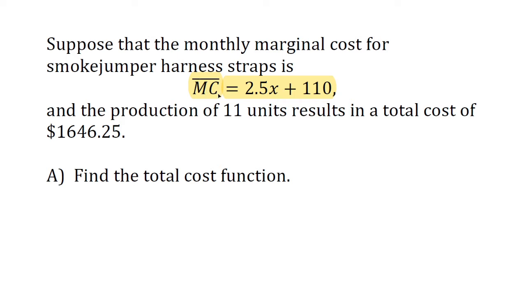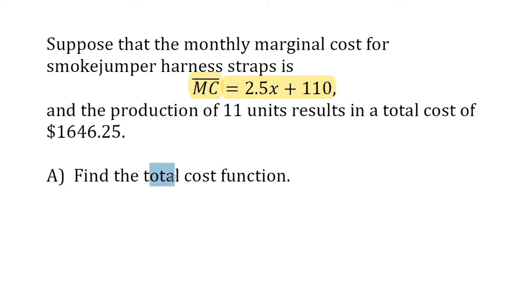So marginal cost as a function is 2.5x plus 110. And the production of 11 units results in a total cost of $1,646.25. So, the question in part A is asking: find the total cost function.